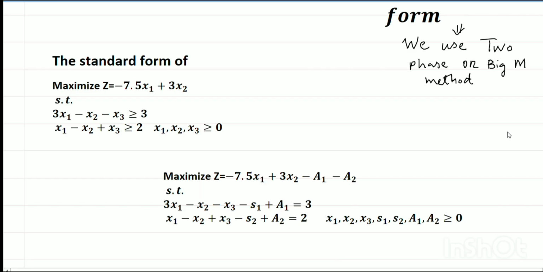So friends, this is the standard form. To handle it, we add an artificial variable denoted by a, okay? We add an artificial variable a in the given LPP for all those constraints which are either greater than equals to or equals to, okay?